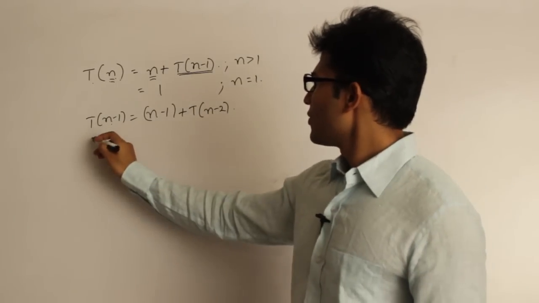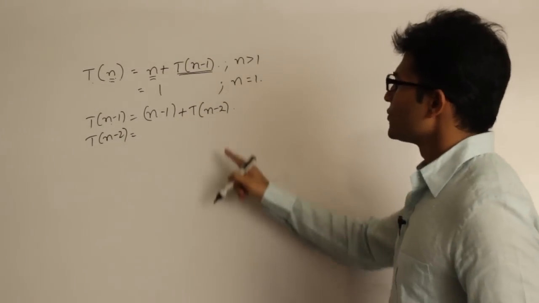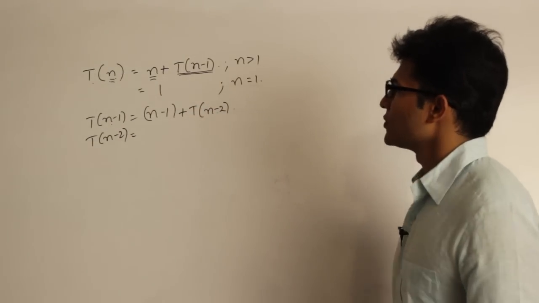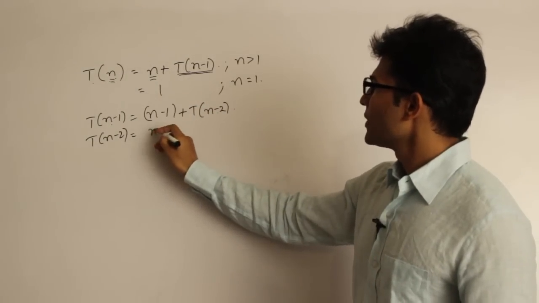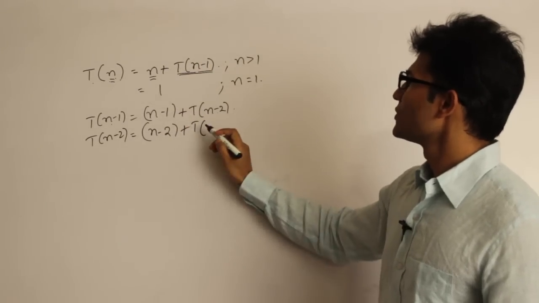Now t of n minus 2. Why? Because I got n minus 2. If I want to find t of n minus 2, in place of n you substitute n minus 2. Then we get n minus 2 plus t of, in place of n, n minus 2.